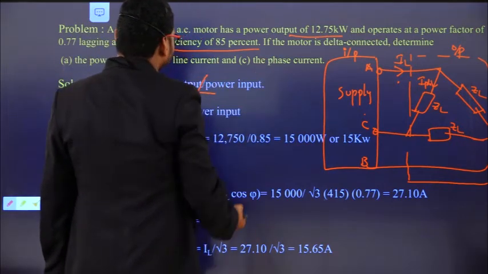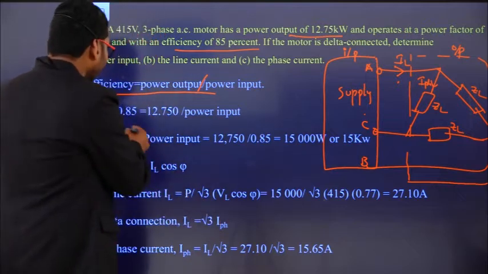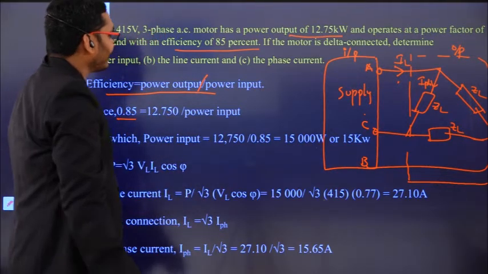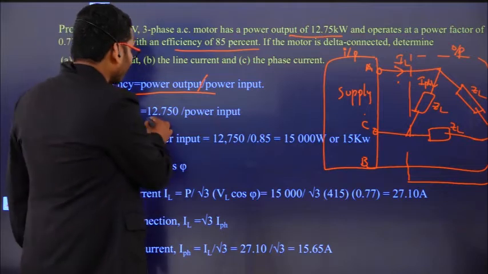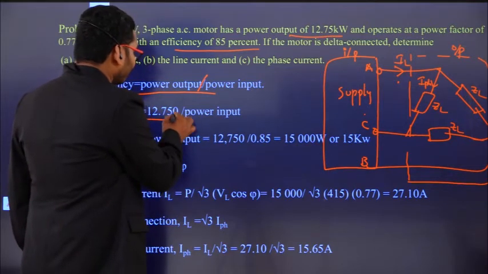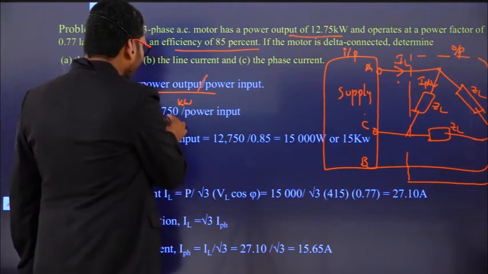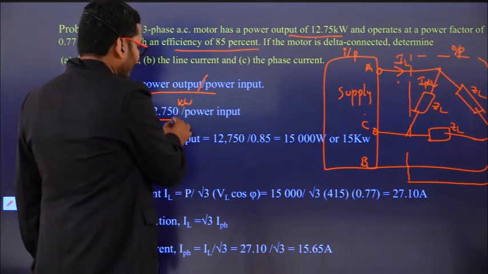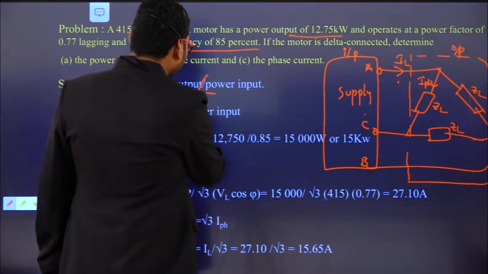He has given 85 percent, so efficiency is 85 by 100, equals 0.85. The power output is already taken as 12.75 kilowatts, so 12.75 kilowatts by power input.